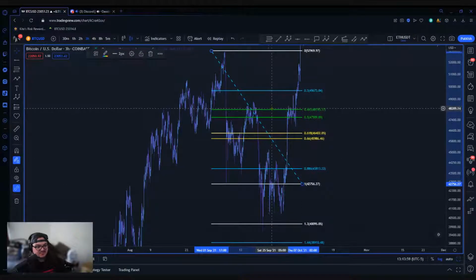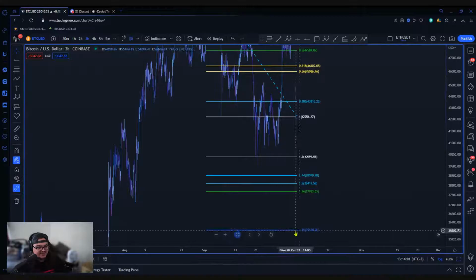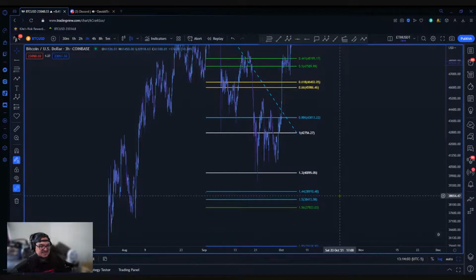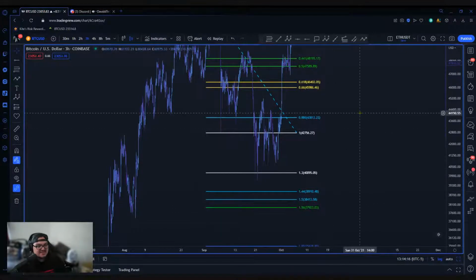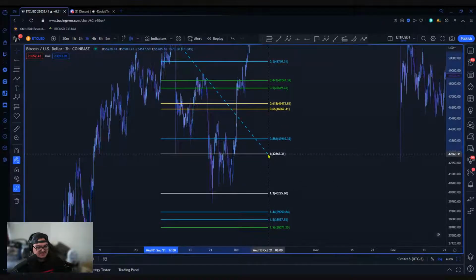So let's just say the 0.441. So technically you would aim for, what's the math on that? Let's see. Around the 1.55-ish fib extension.